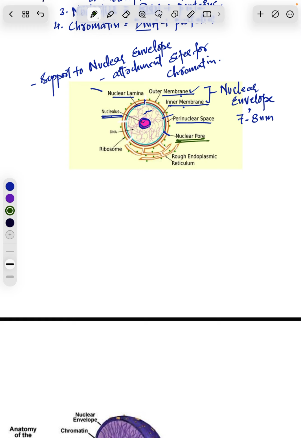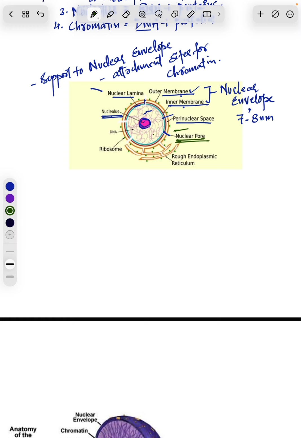It has small cylindrical channels which are in direct contact between cytosol and nucleoplasm. Here it is nucleoplasm and here it is cytosol. It is readily visible through freeze fracture microscopy, and the density of pores depends on the cell type and the activity it is performing.